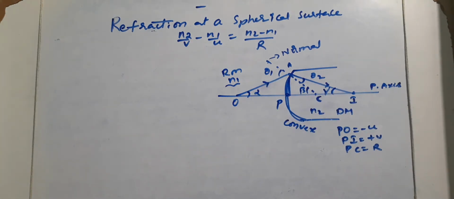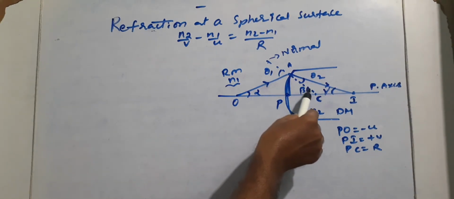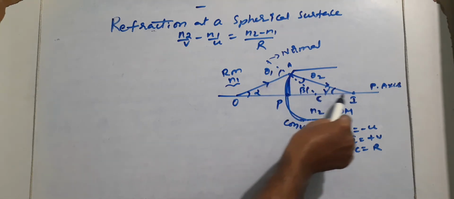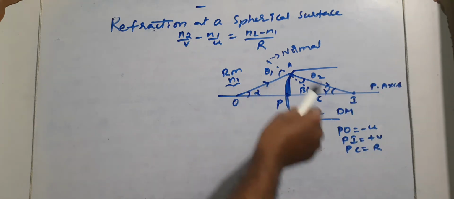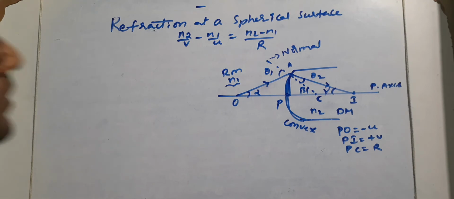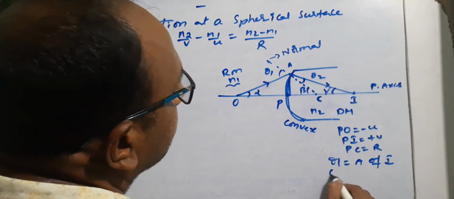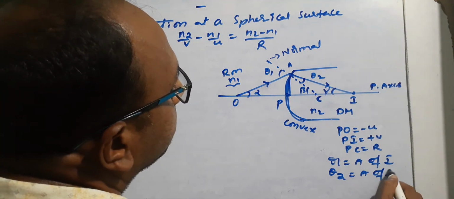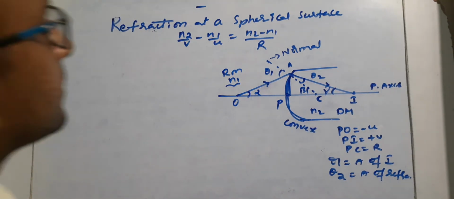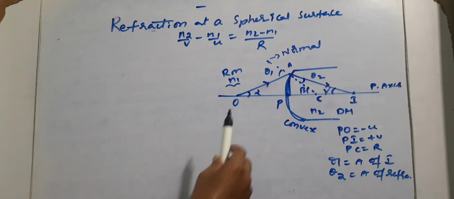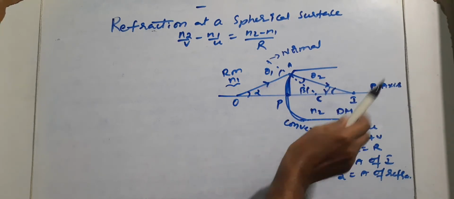So theta 1 is the angle of incidence, theta 2 is the angle of refraction, and alpha, beta, gamma are the angles made by the incident ray, the normal, and the refracted ray with the principal axis.